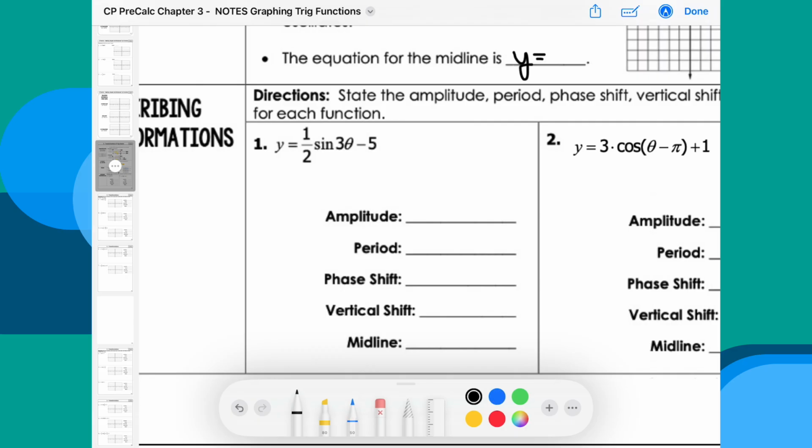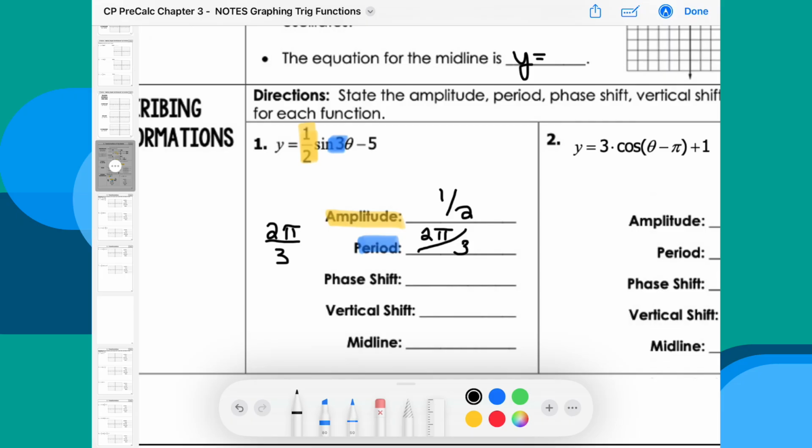All right, so here we can see that our amplitude, our A value, is 1/2. It's that one in the beginning, right here. For our period length, we take 2 pi divided by our B value, so our period length is 2 pi over 3.